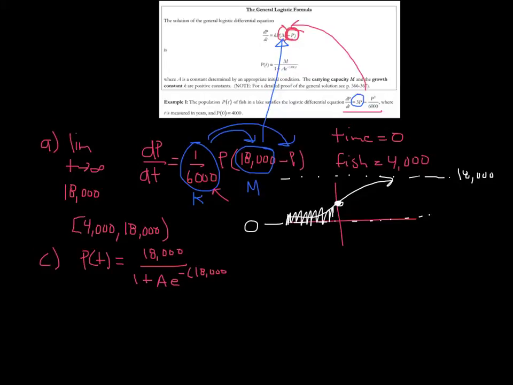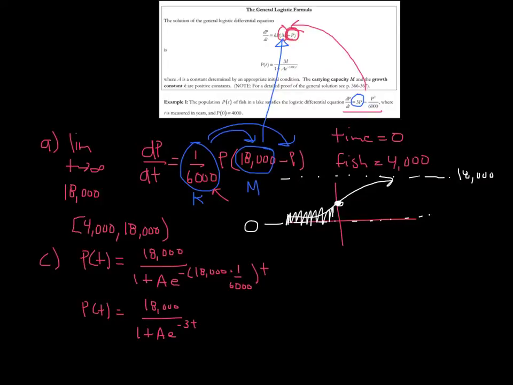K is going to be 1 over 6,000. So you can just see that's going to be 3, all right? And then parentheses T. All right, so what do we have so far? We have P of T, let me rewrite it, is equal to 18,000 over 1 plus A E to the negative 3T.